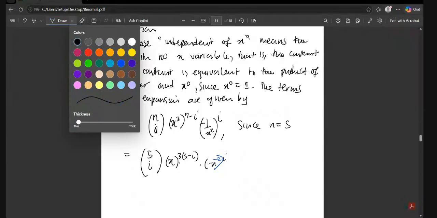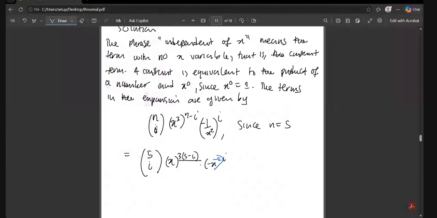So 3 multiplied by 5 minus I, then you get negative 2I here, minus 2I must be equal to 0.